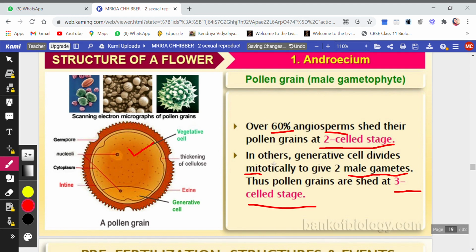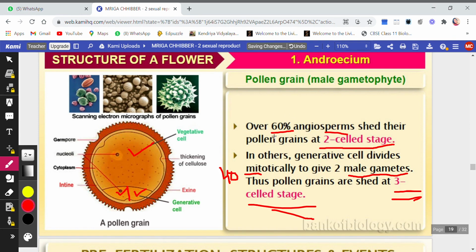But the remaining 40%, what they will do, they will undergo one more division in the generative cell, and that will be a mitotic division, and two cells will be formed. Okay, the two male gametes will be formed here, and these 40% angiosperms will shed the pollen grain at three-celled stage.